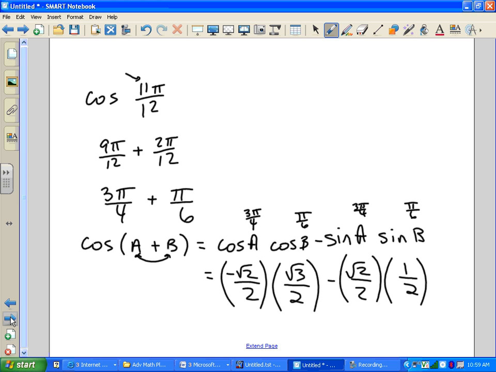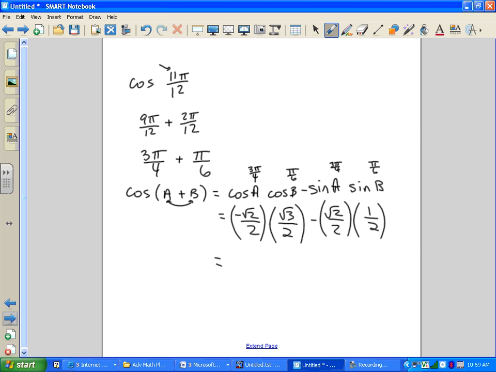Now let's multiply these out. So this will give me negative square root of 6 over 4 minus square root of 2 over 4. So I could write that as negative square root of 6 minus square root of 2 over 4.